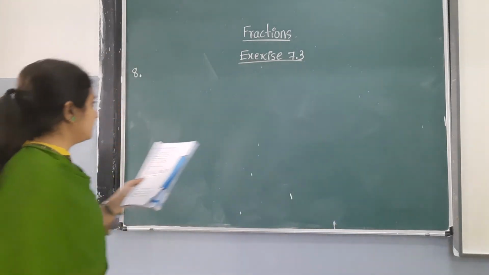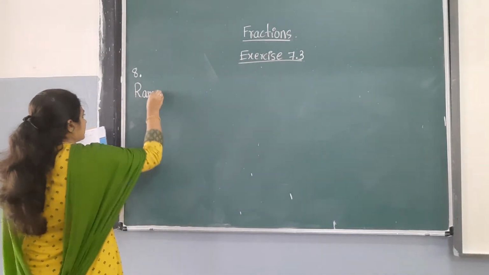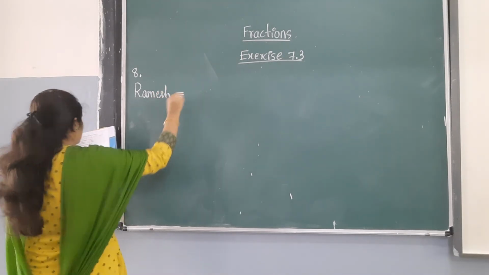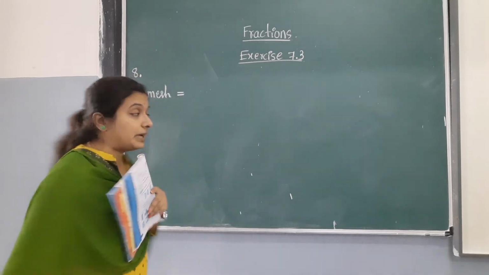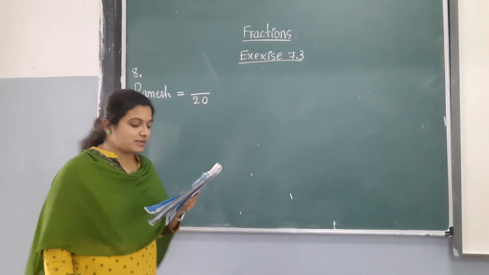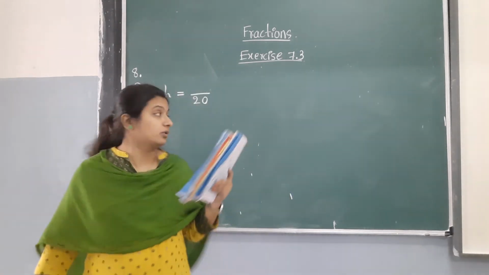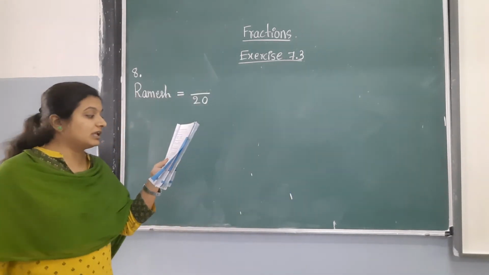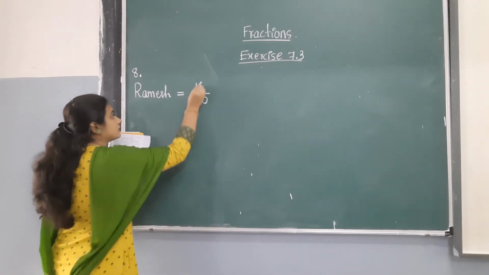Now tell me children, Ramesh, in total how many pencils was he having? Total 20 pencils he was having. In that, how many pencils did he use up? 10 pencils he used.